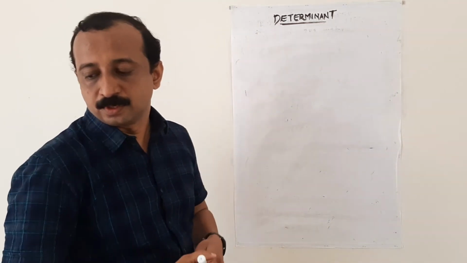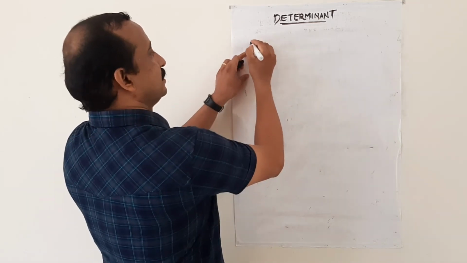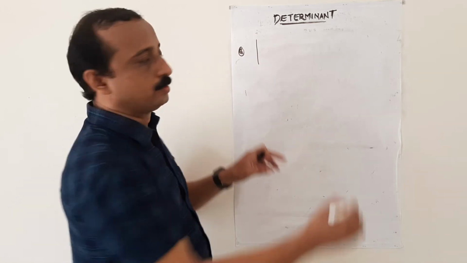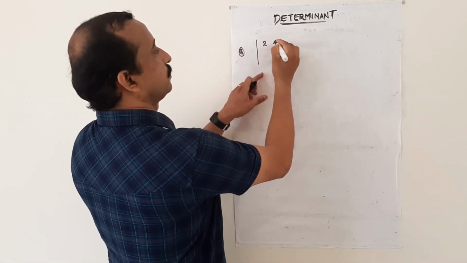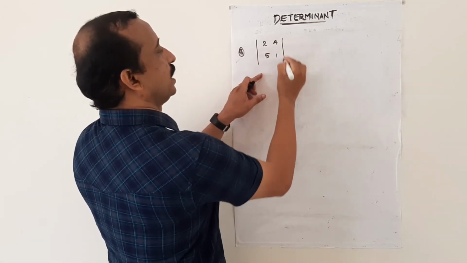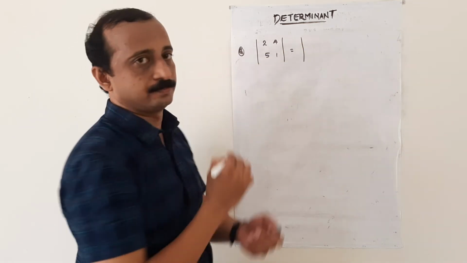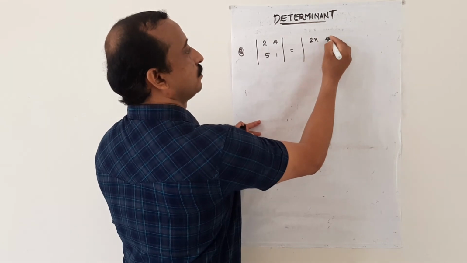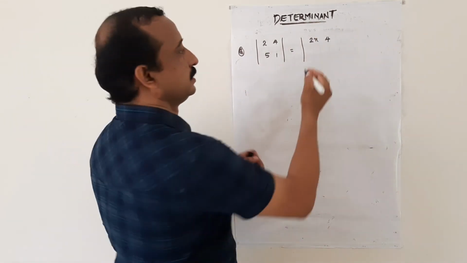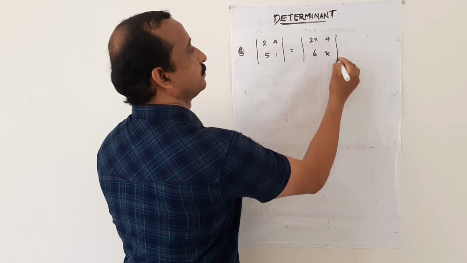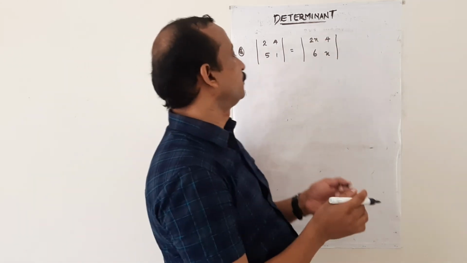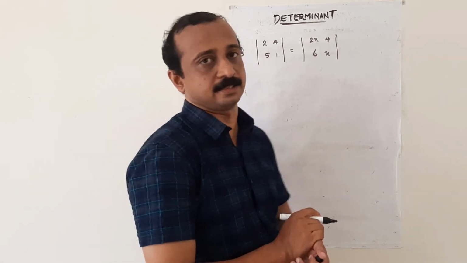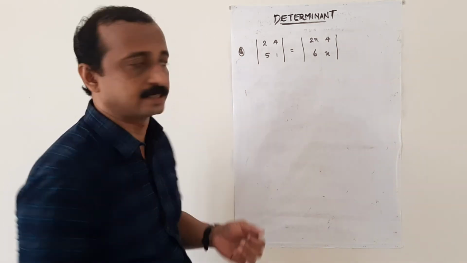The question is: solve determinant of 2, 4, 5, 1 is equal to determinant of 2x, 4, 6, x. That means solving, we find the value of x.